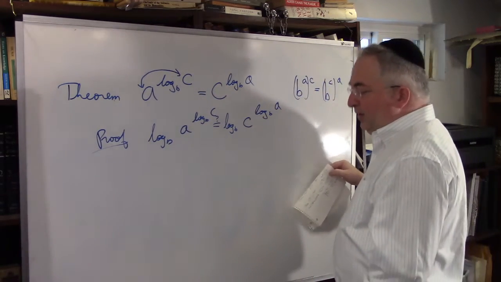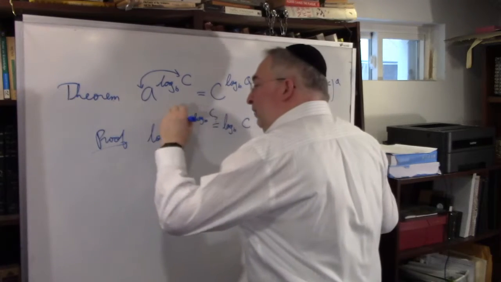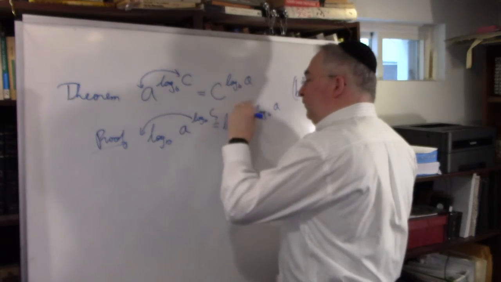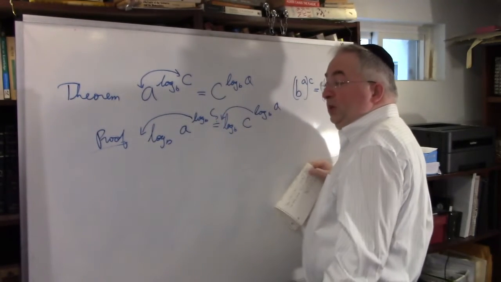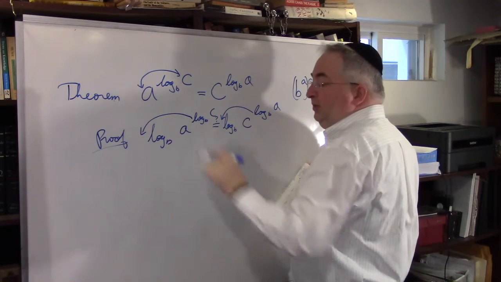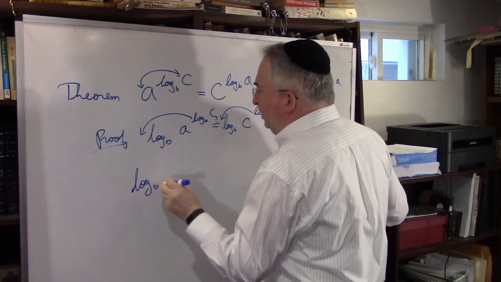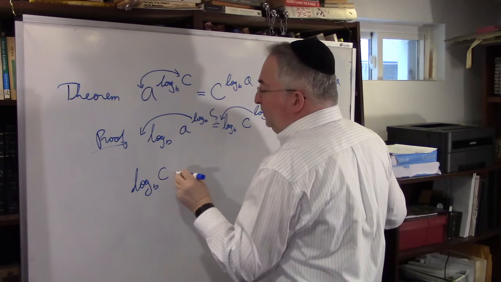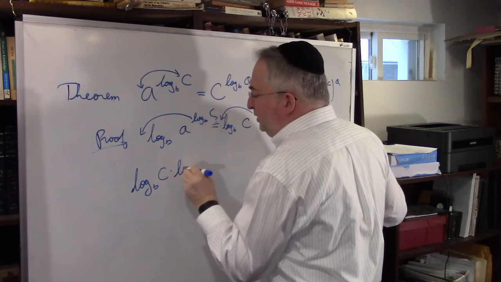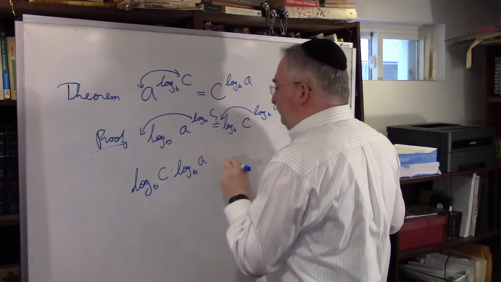Okay, great. Now, we know that exponentials become multiplication. So let's see what this becomes. This becomes log base b of c times log base b of a.